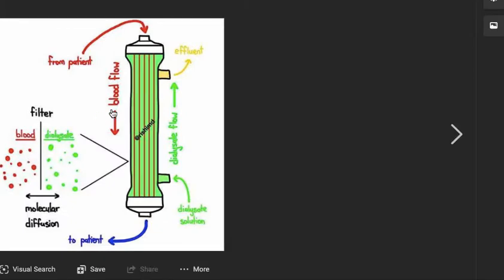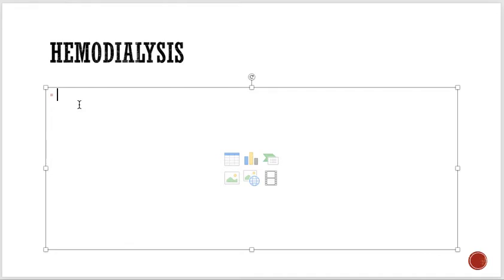So you can see the blood is flowing, the dialysate is flowing, and there is diffusion going on both sides, of course. So this is the basis of this thing. And as we know, the diffusion of the solutes occurs down the concentration gradient.